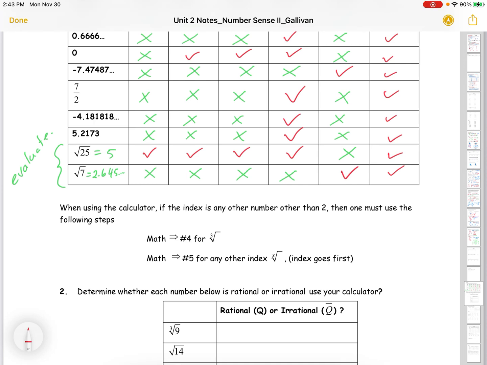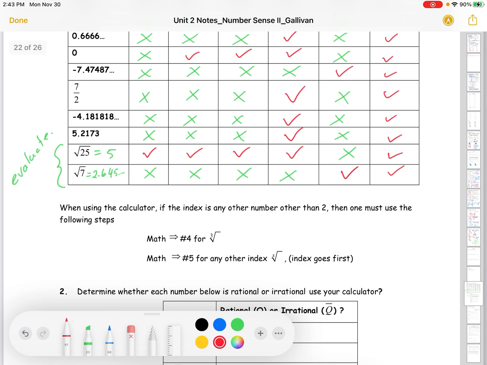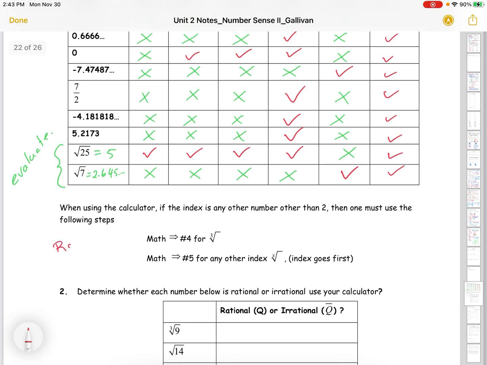When using the calculator, if the index is any other number other than 2, then one must use the following steps. So this is when we're finding roots, okay? So for number 4, it's going to depend on your calculator.